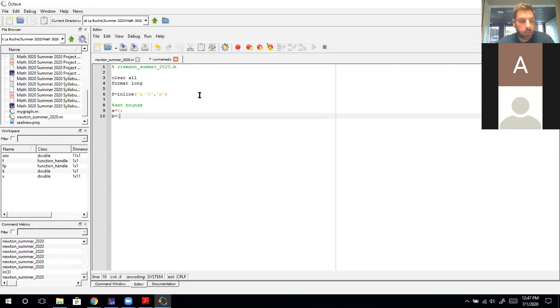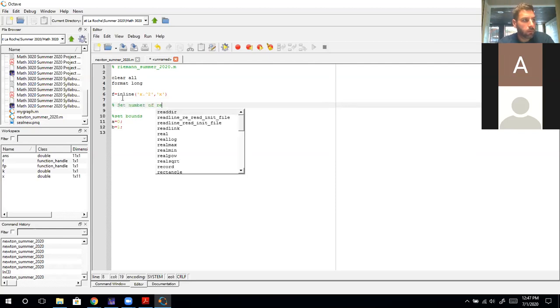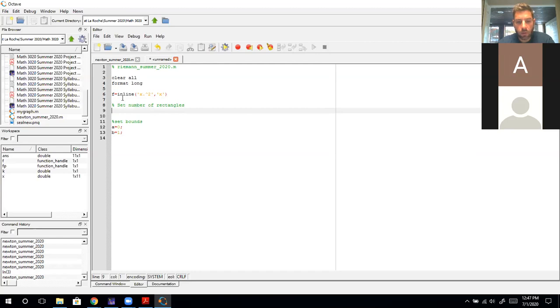So if you go back to what you did, how do you set what you want to do? Well, how many rectangles do we want? So we should also say that. Let's start with something simple. We'll call n the number of rectangles, let's say 4.